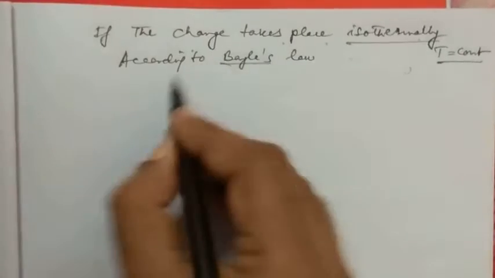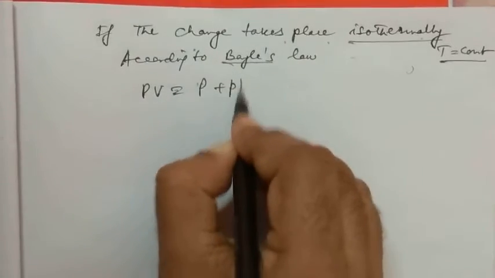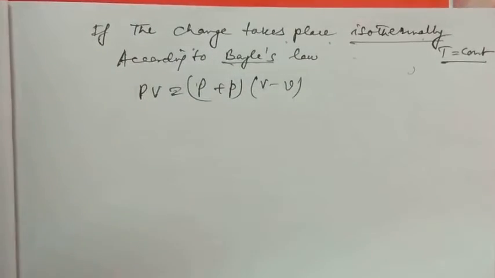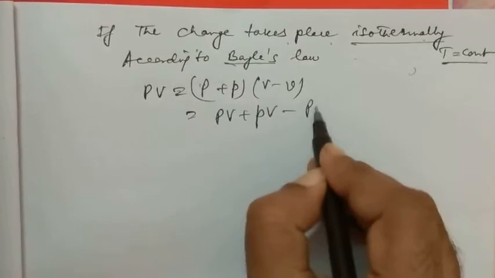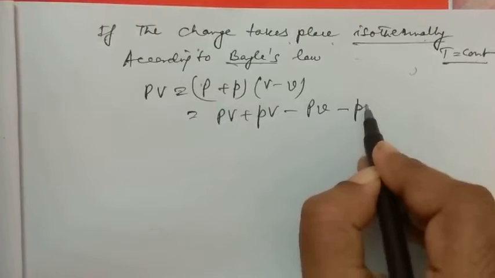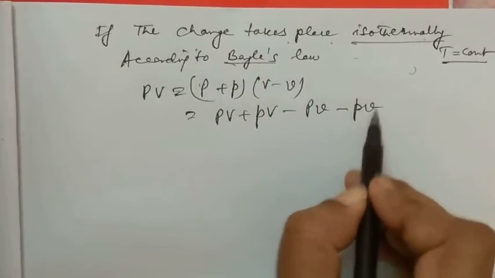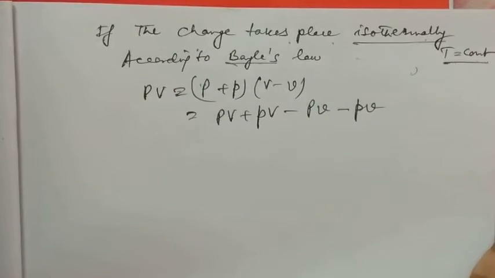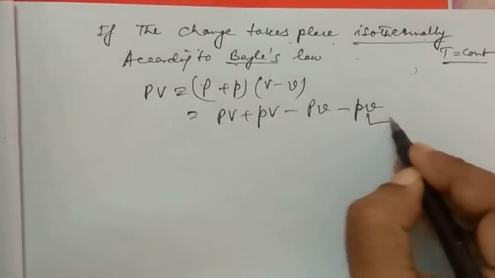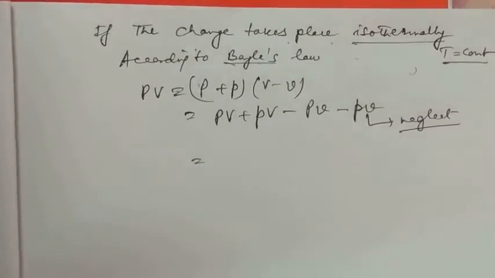According to Boyle's law, it becomes PV is equal to (P plus small p) into (V minus small v). After multiplying this, PV is equal to PV plus pV minus P into small v minus small p small v. Now, as this is a small p and this is a small v, the multiplication of two very small quantities leads to another very small quantity, so we can neglect this quantity.